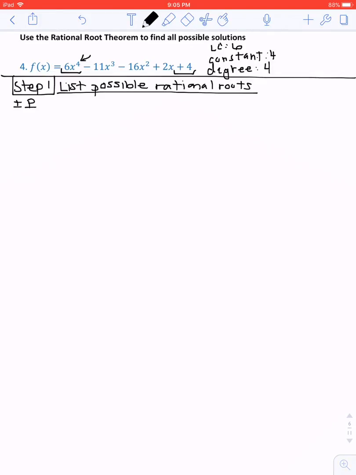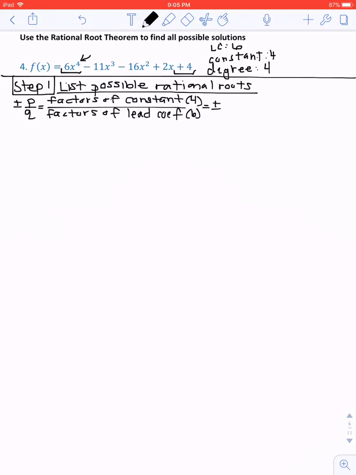Plus or minus P over Q. Factors of constant over factors of lead coefficient. Constant here is 4, lead coefficient here is 6.